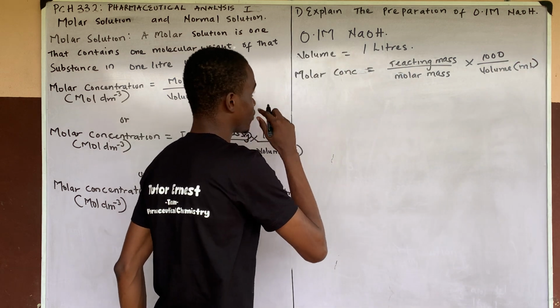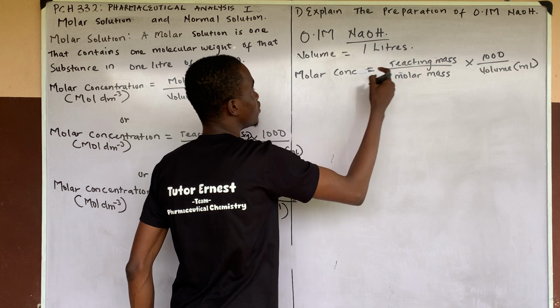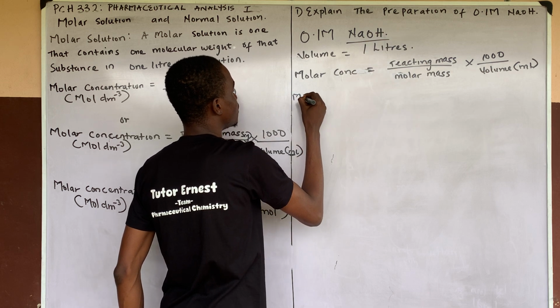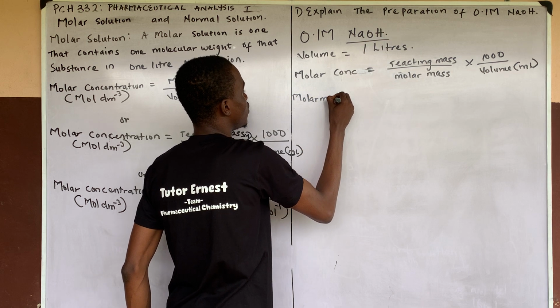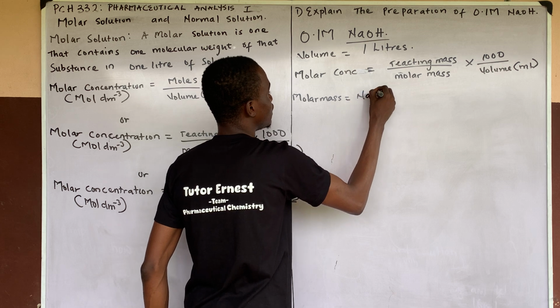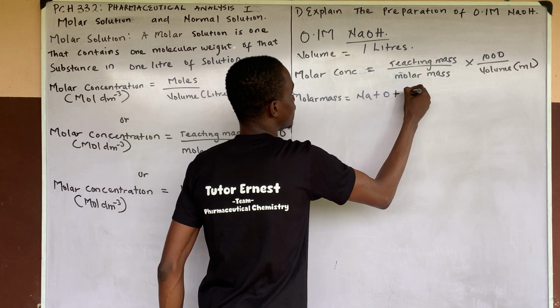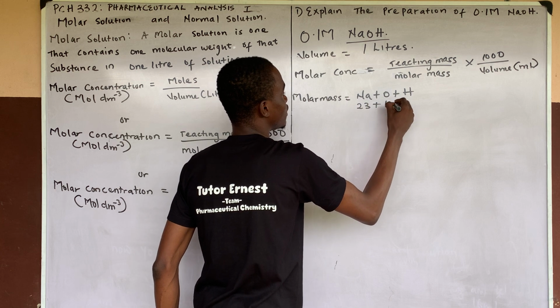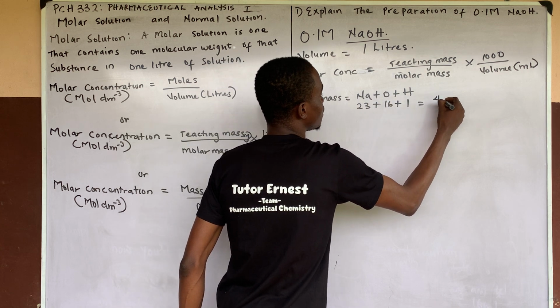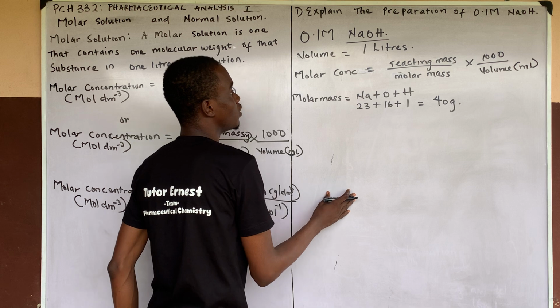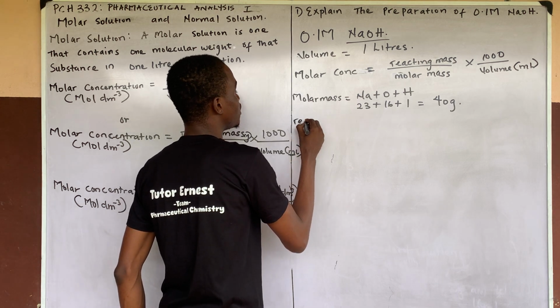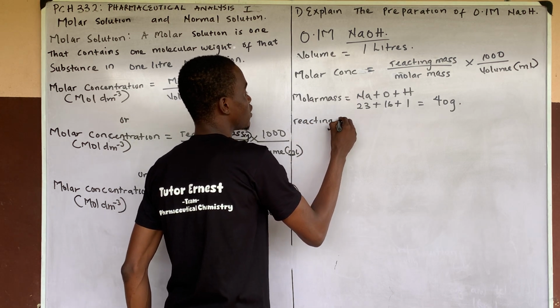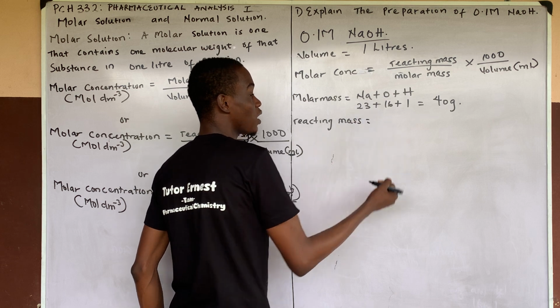Now, talking about NaOH, what is the molar mass of NaOH? We know NaOH has Na, O, and H, giving us Na 23, oxygen 16, and H 1, which is 40 grams. The reacting mass is what we are going to weigh.